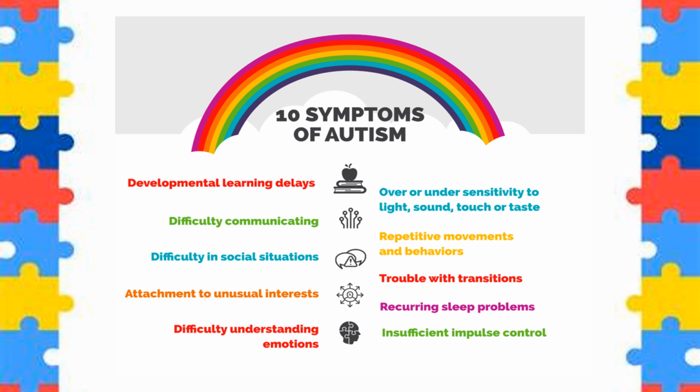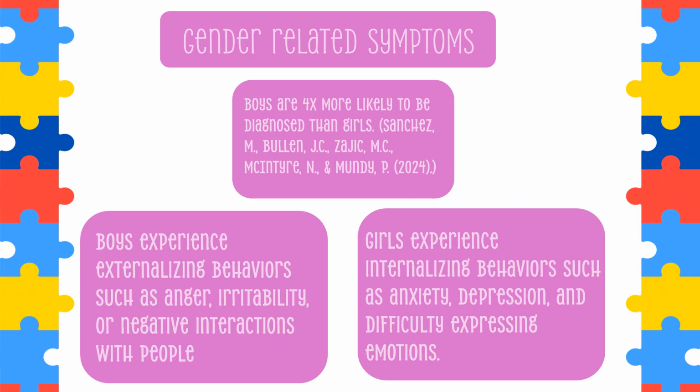With these symptoms, they can either be lower and less noticeable, or they can be enhanced depending on the severity of this disorder. As I mentioned earlier, gender can play a role in what symptoms children face with autism.